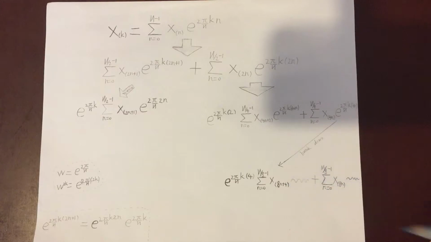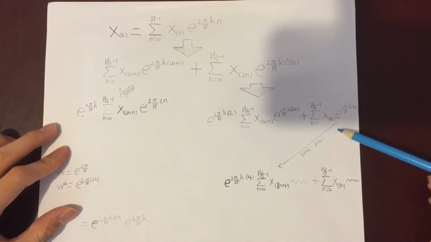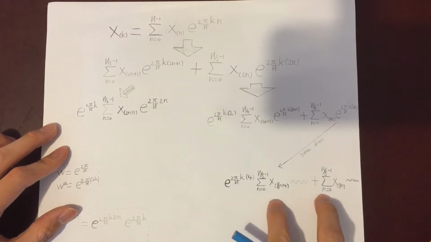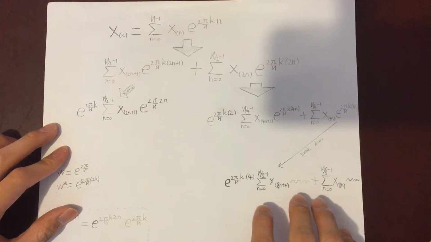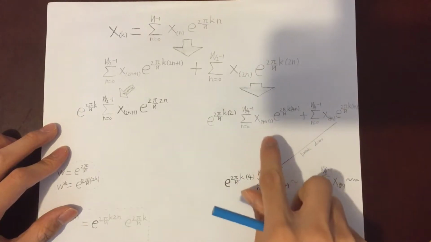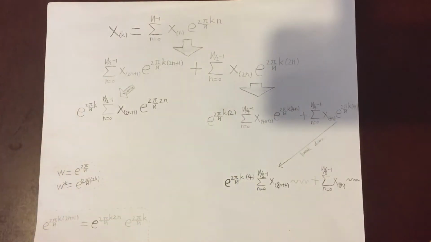But it turns out that if we just substitute the terms that we got from the terms that have no twiddle factors into the terms that have twiddle factors, like these two terms into this term, and this whole thing into this term, we'll get the same thing as we would if we broke down all the terms individually.